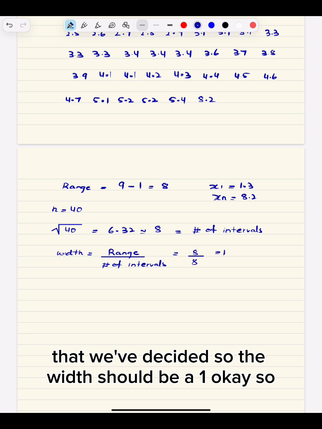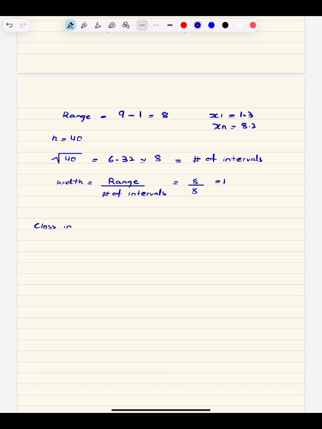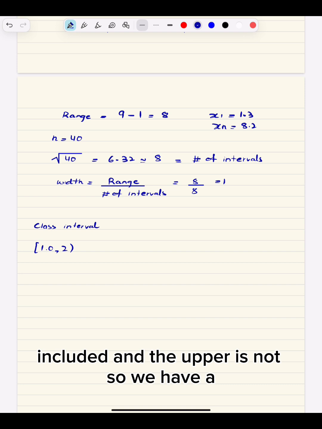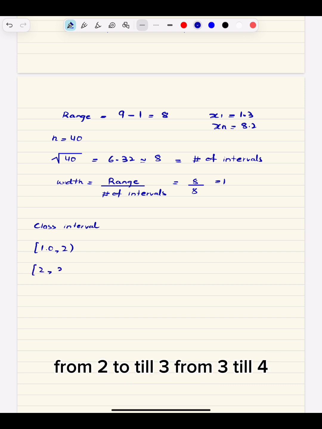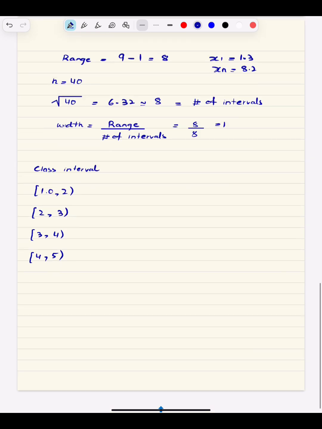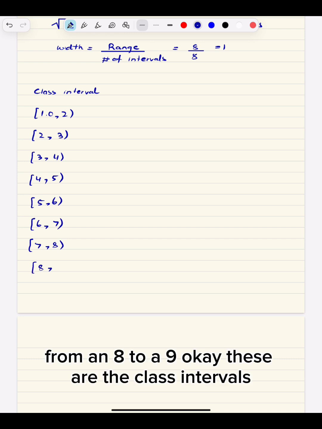Okay, so let's start the class intervals. Remember, the lower value is included and the upper is not. So we have from 2 till 3, from 3 till 4, from 4 till 5, from 5 till 6, from 6 to 7, from 7 to 8, from 8 to 9.